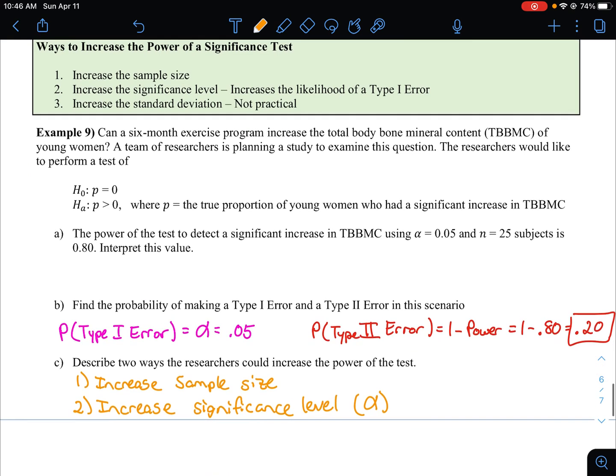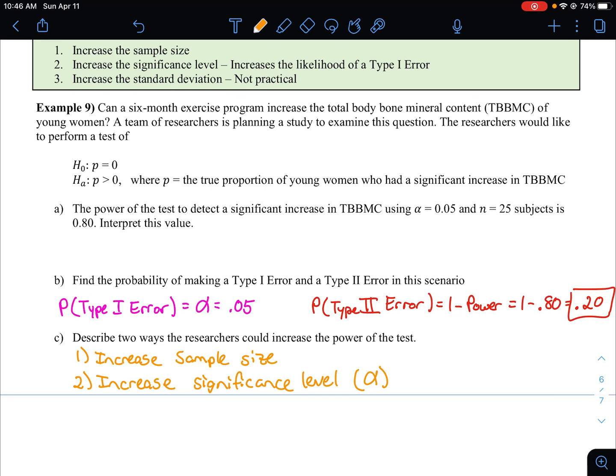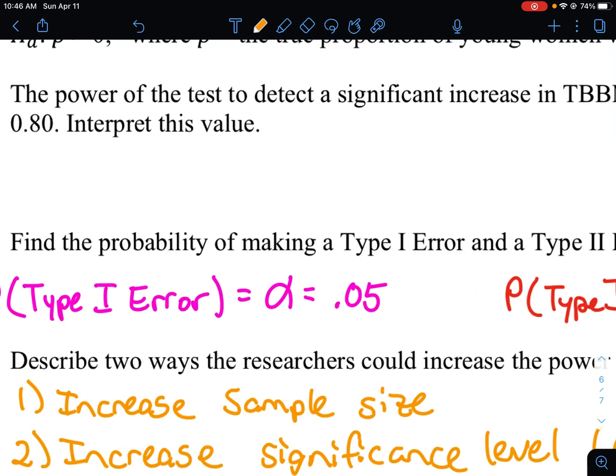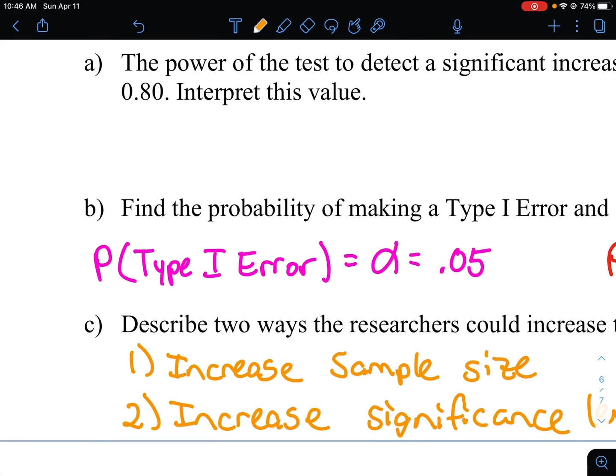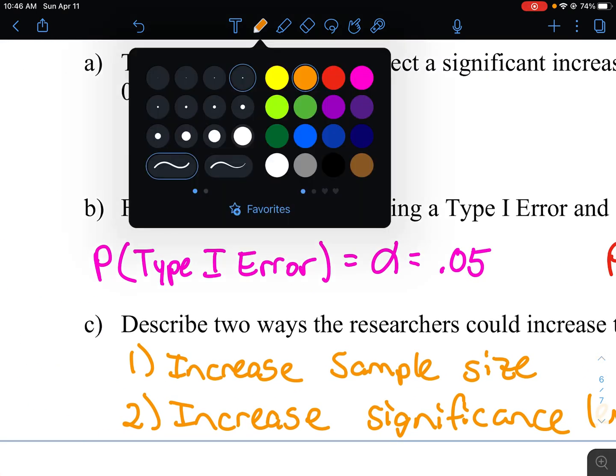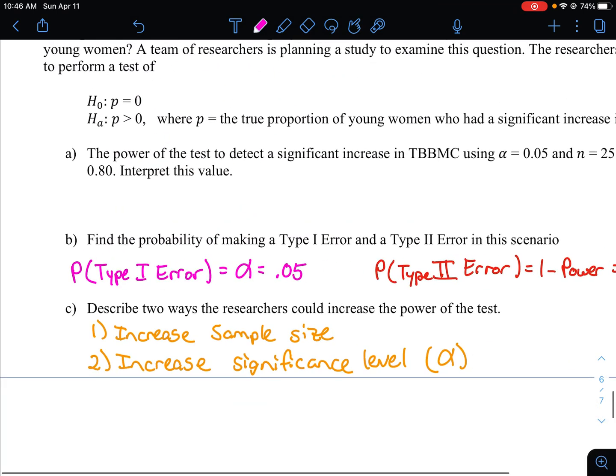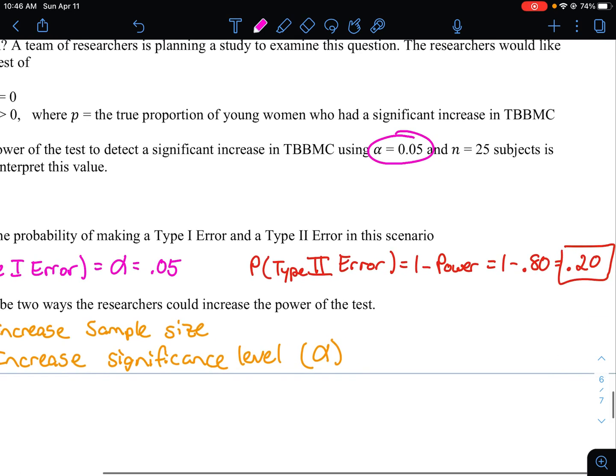You have that above. But part B, find the probability of making a type 1 error. Well, remember the probability of a type 1 error is alpha. And in part A, I should have alluded to this, it told us alpha was 0.05. Okay. So there would be a 5% chance of making a type 1 error in this case, whereas the probability of a type 2 error is 1 minus the power.